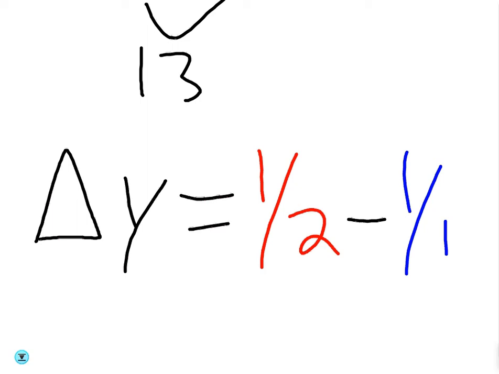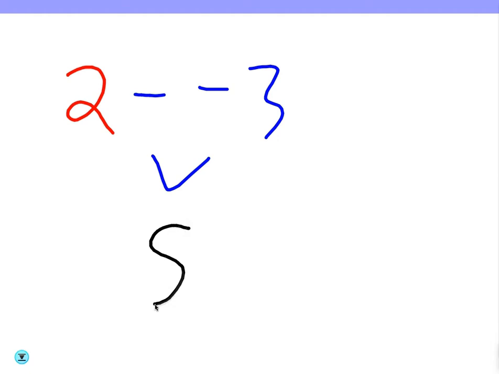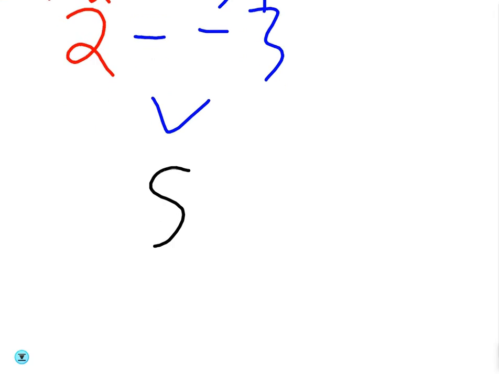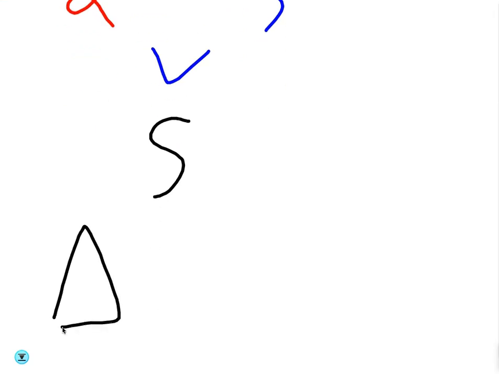So the change in x is going to be second x value minus the first. And that becomes what? 2 plus 3, which is 5. So again, what that would be is x2 minus x1. In general, change in x will always be that.